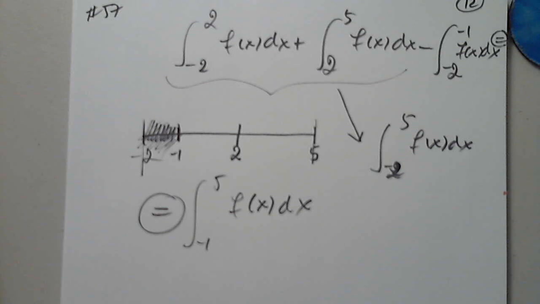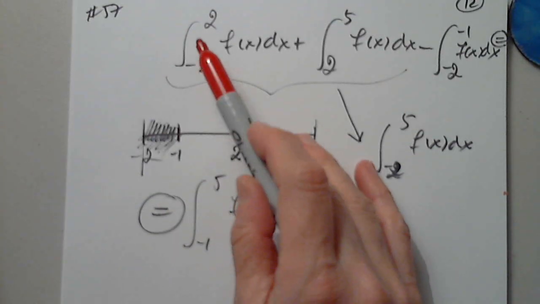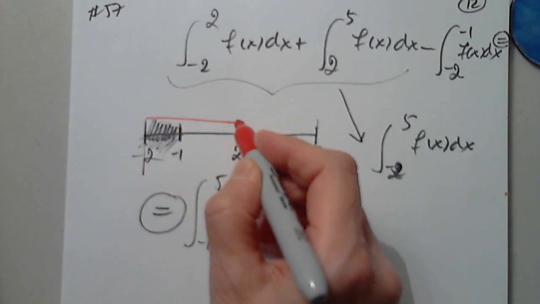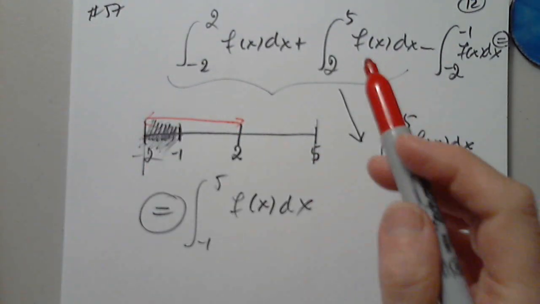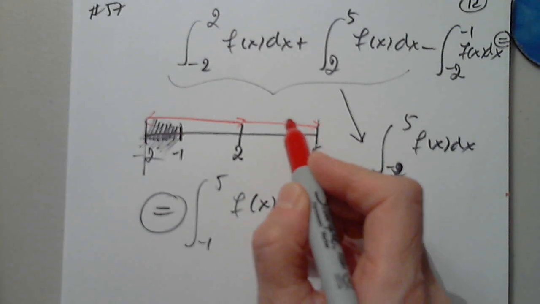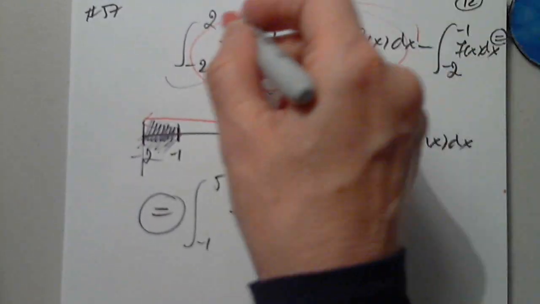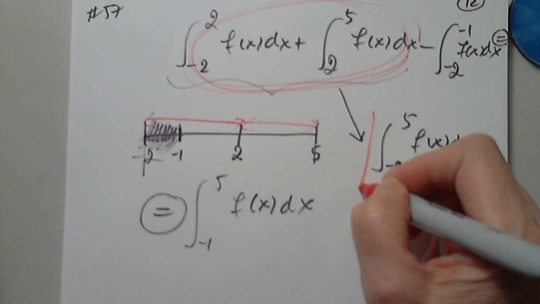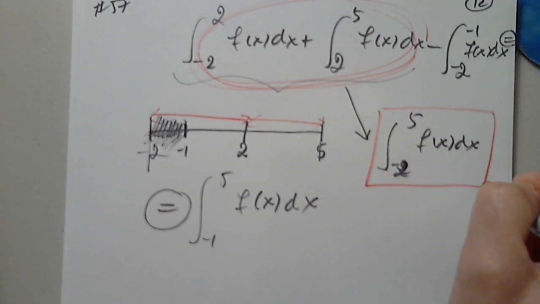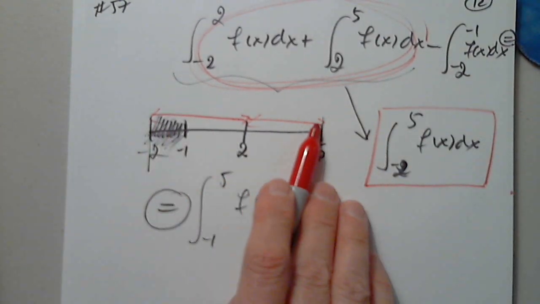Oh yeah, makes sense. So let's make sure, let's do this again. From -2 to 2 is this piece. From 2 to 5 is this piece. When I add these two together, I get the integral from -2 to 5.